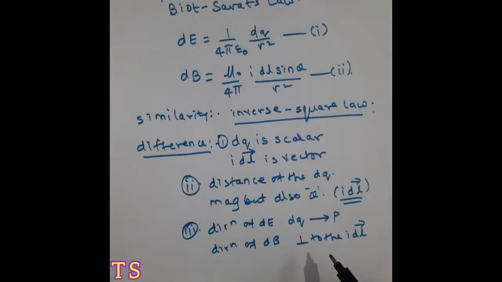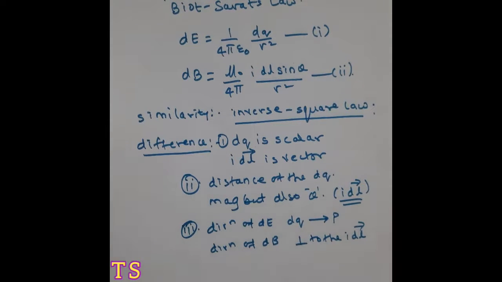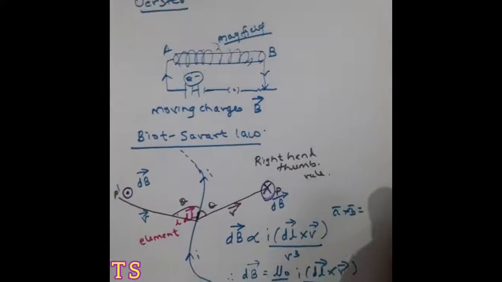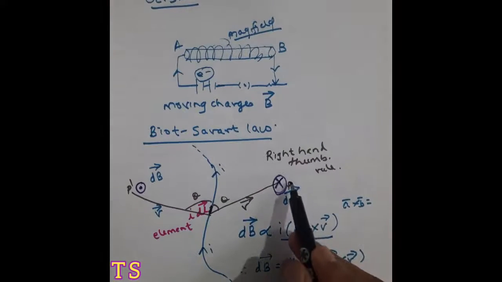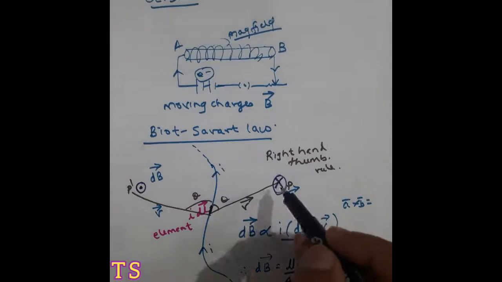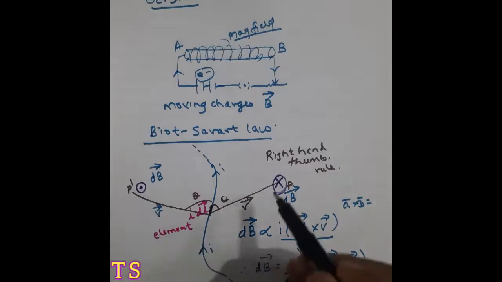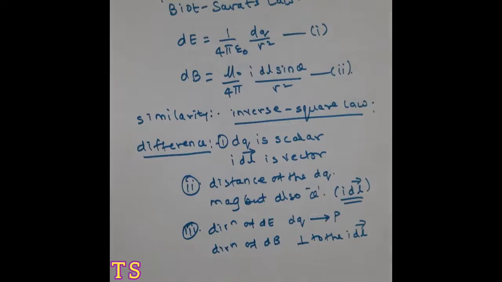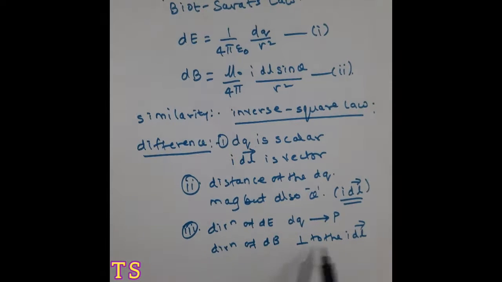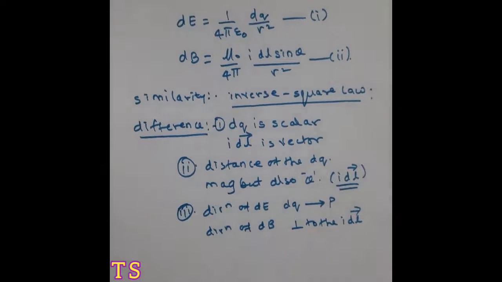We know very well that at one point the field is going inside and at the other point it is coming outside. At this end the field is going inside the page, and at this point it is coming outside the page. So obviously the magnetic field depends on the direction, and the direction is perpendicular to the I dl, the current element.